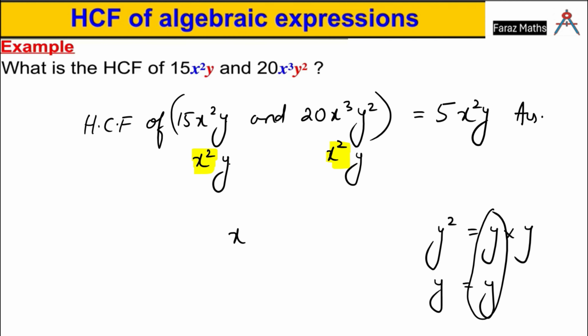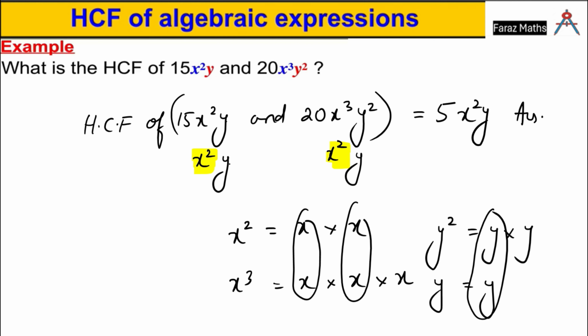In a similar way, in between x square and x cube, x times x and x times x times x, therefore x square is present in both. That's why x square y is the answer. So the final answer is 5x square y.